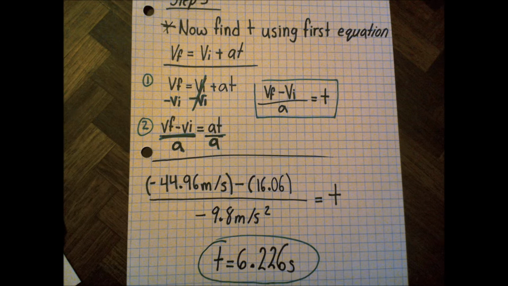We plug in the numbers for vf, subtract the numbers for vi, and divide by the acceleration, which is negative 9.8 meters per second squared. Using that, we get time, and time turns out to be 6.226 seconds. And now we can go on to the next part of the problem.